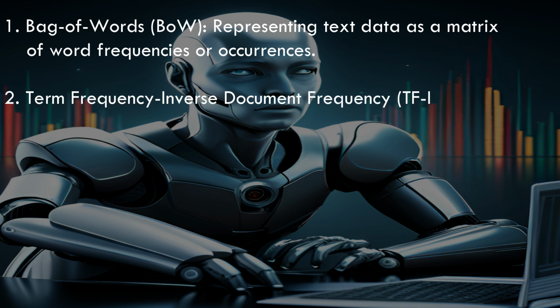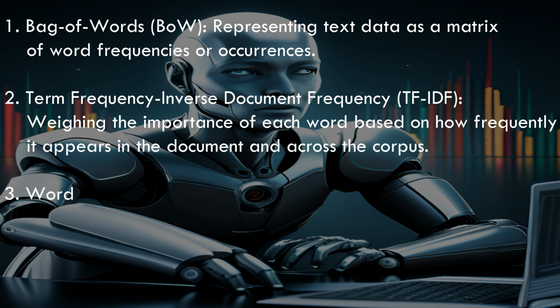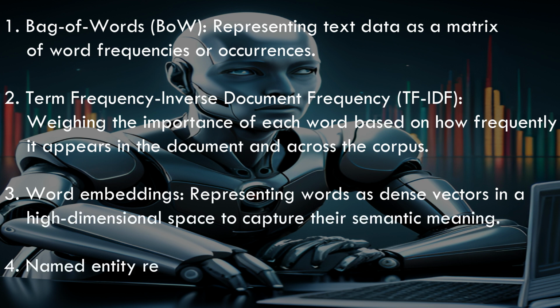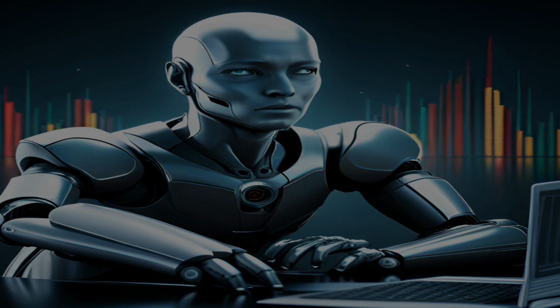Term frequency inverse document frequency, TF-IDF, weighing the importance of each word based on how frequently it appears in the document and across the corpus. 3. Word embeddings, representing words as dense vectors in a high-dimensional space to capture their semantic meaning. 4. Named entity recognition, identifying and categorizing named entities, such as people, places, and organizations.